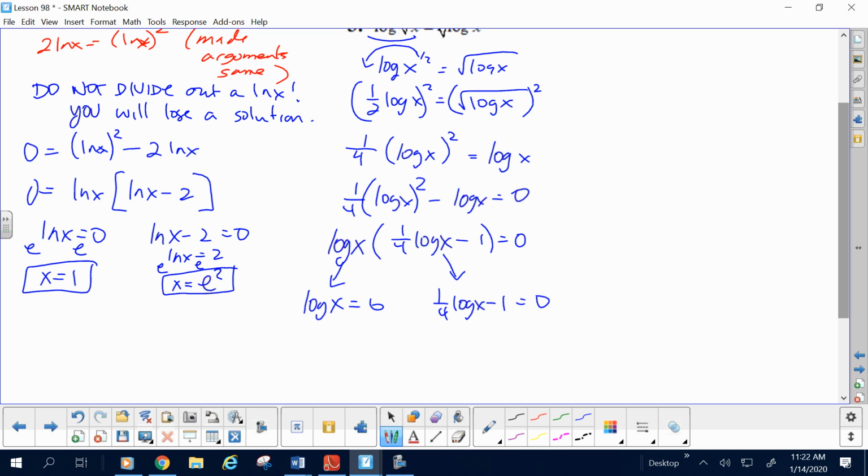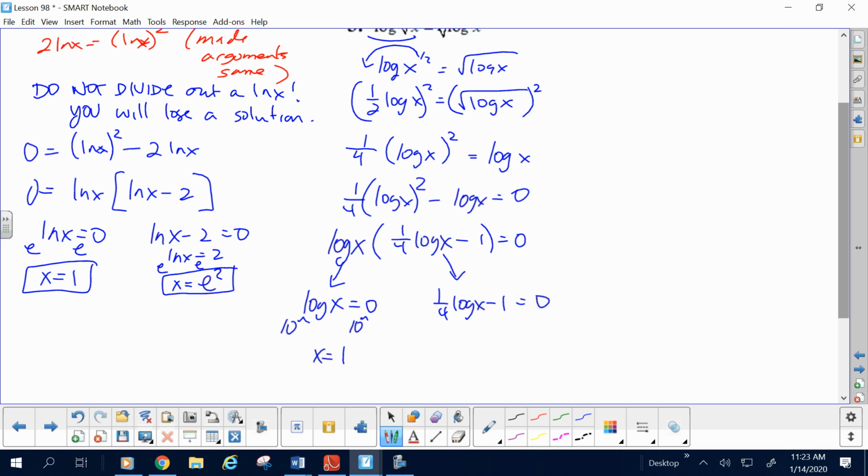If log of x equals 0, how do I get rid of log of x? You exponentiate, so x is 10 to the 0, and what is 10 to the 0? 1. Okay? What about the other one? What 3 steps in order do you do to solve for x?